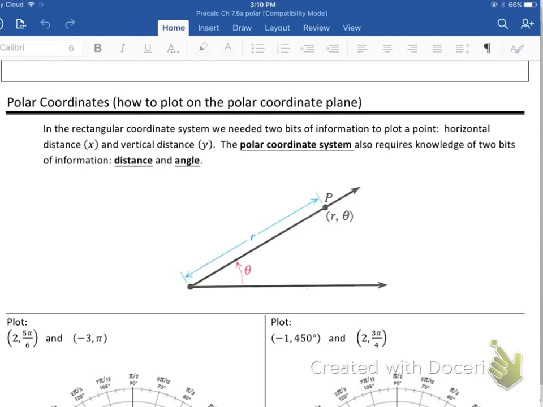I just have to show this diagram to put a little bit of information down. When we do x, y coordinates, we call that very center point, 0, 0, the origin. With the polar coordinate plane, we call this point the pole. The pole is the same thing as the origin.